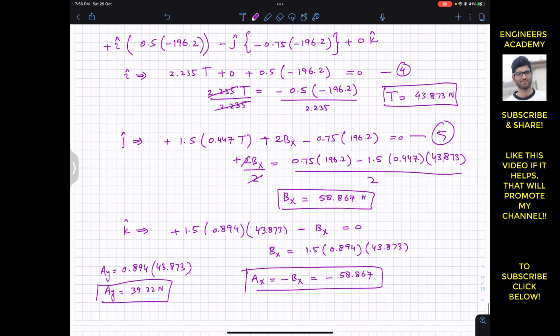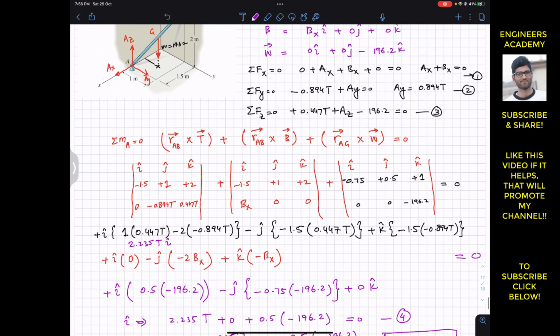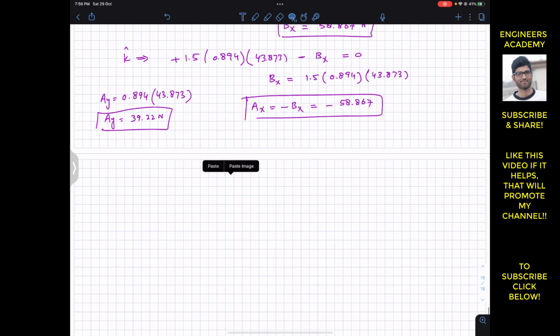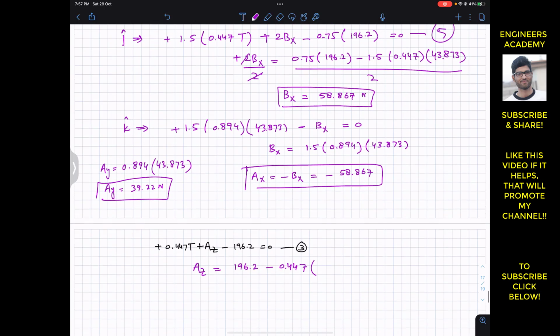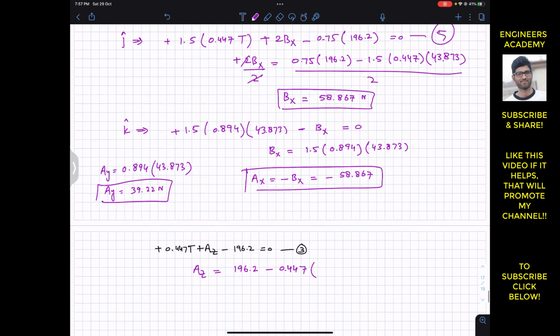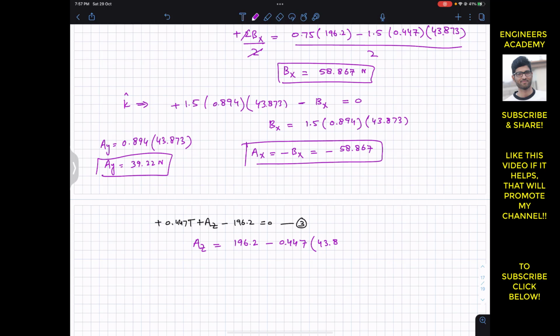Similarly, to find Az, we have equation 3. In equation 3 we have 2 unknowns. Now T is known, so if I substitute the T value, we will be able to find Az. So let me copy this equation, and we have that third equation. From this we can say that Az is equal to 196.2 minus 0.447 T, and we know the T value, which is 43.873.